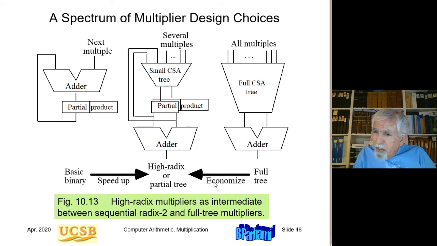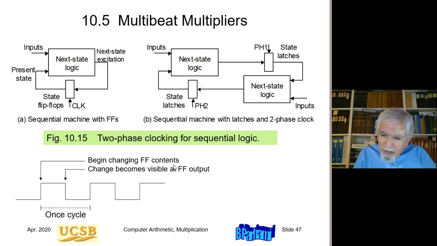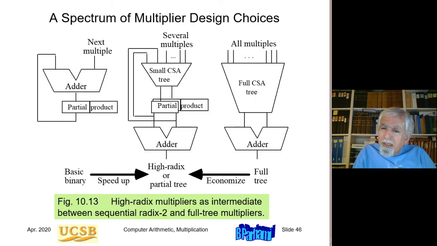So if I want to economize on this full tree multiplier, I call it a partial tree multiplier. If I want to increase the speed of this basic binary multiplier, I tend to call this high-radix. So high-radix and partial tree multiplier are really not different conceptually.